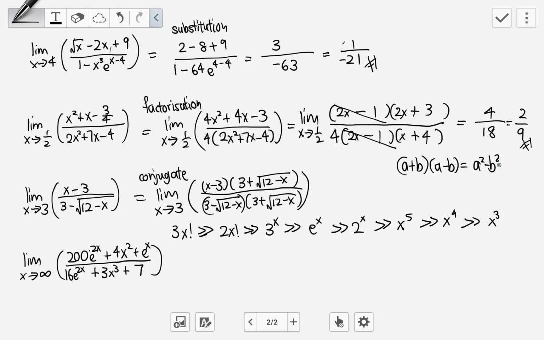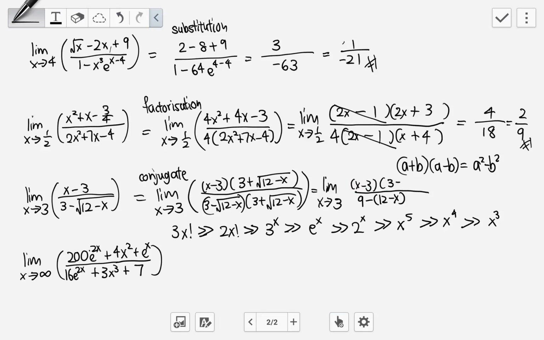When I multiply together, I get the first term squared, which is 3 squared, which is 9, minus the second term squared, which is 12 minus x, because the square of a square root, we just remove the square root and let it be 12 minus x. And that I'll have x minus 3.